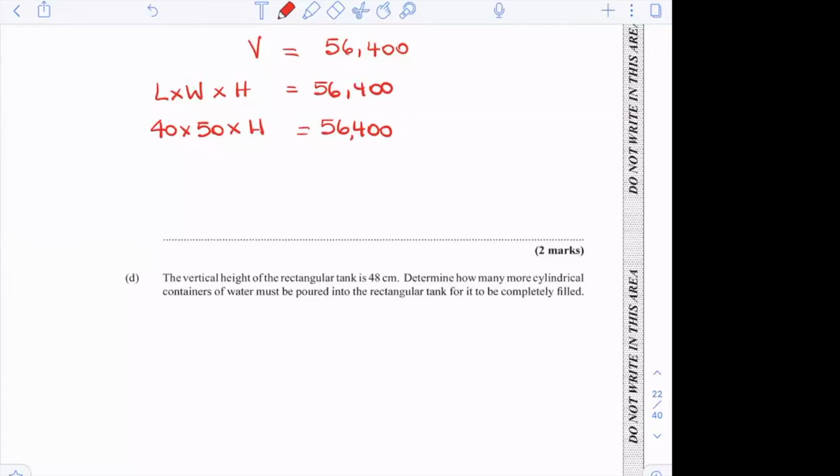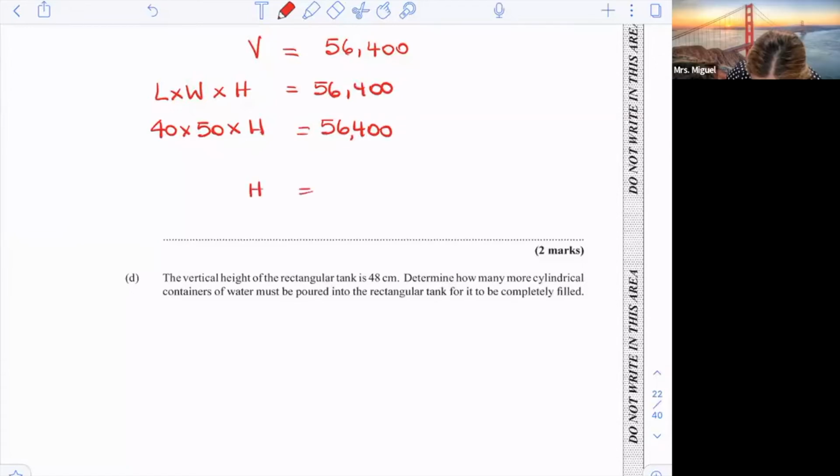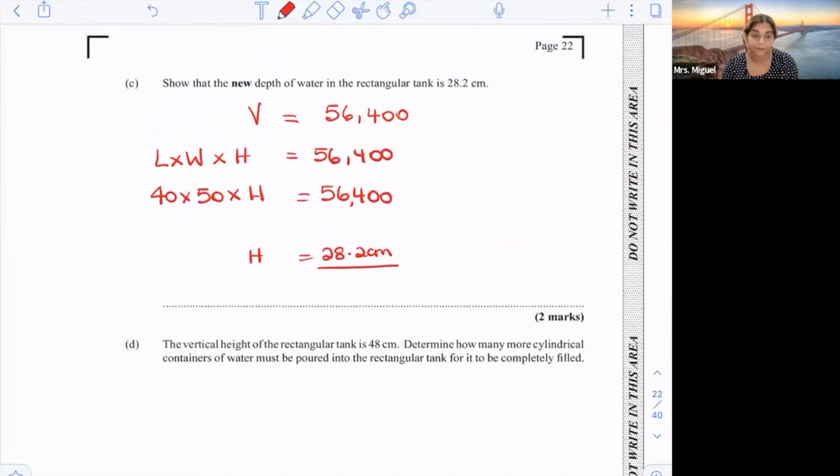28.2. Who could confirm that? Me, miss. So that one wasn't too bad. We're going again. So they are telling you the vertical height, that is when the rectangular tank is completely filled, has a height of 48 centimeters. Right now, the height is 28.2.